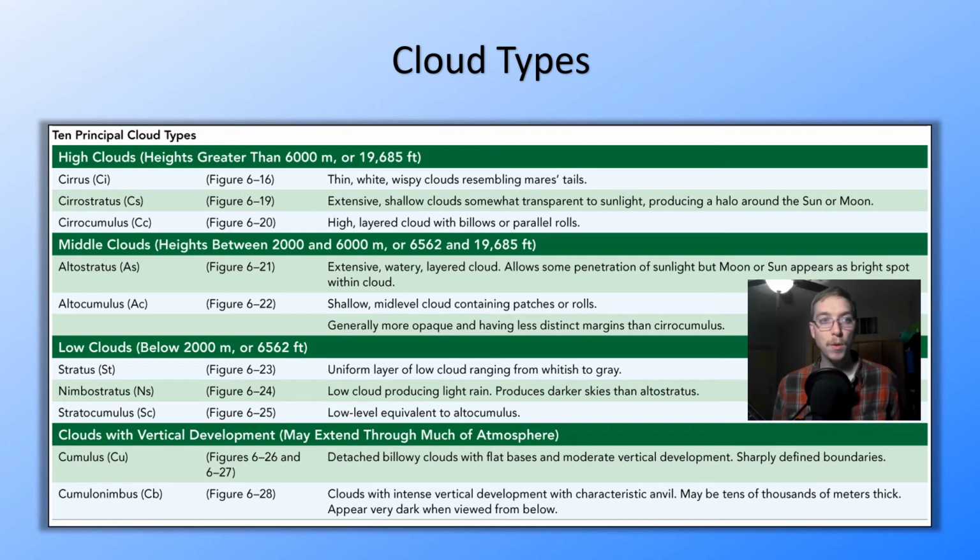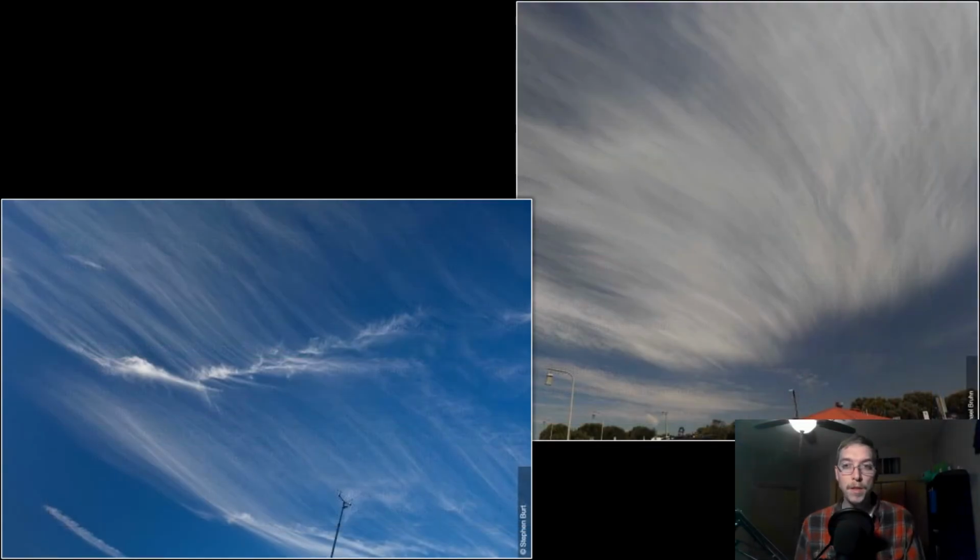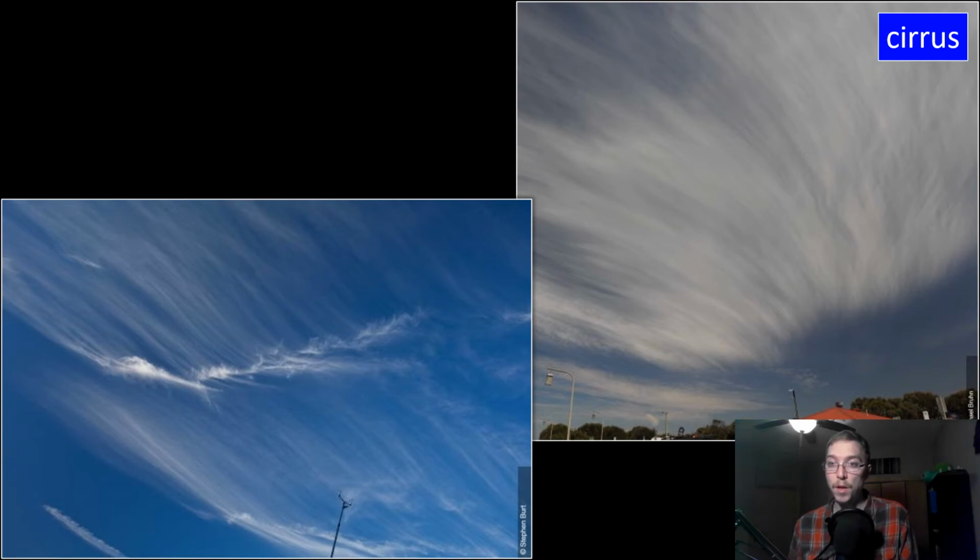And then moving up to our high clouds, so heights greater than 6,000 meters. These are our typical ones. These are cirrus clouds. They're often composed of delicate ice filaments. Winds aloft often cause these to bend or curl, and these are often called mare's tails. Think of a horse, the tail of a mare.